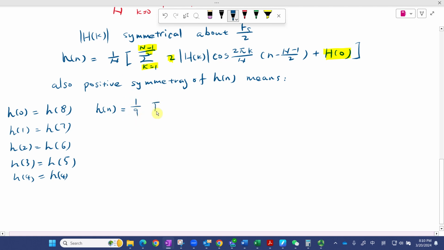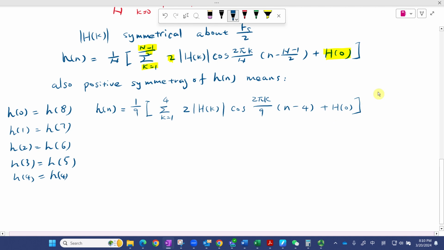And we know that k, we can start from k equal to 1, so 9 minus 1 is 8, so up to 4 terms. So 2 multiplied with capital Hk, they are different values for k equal to different numbers. Cosine, here is 2 pi k over 9, times n minus 4, plus capital H0. And we all know how much capital H0 is.